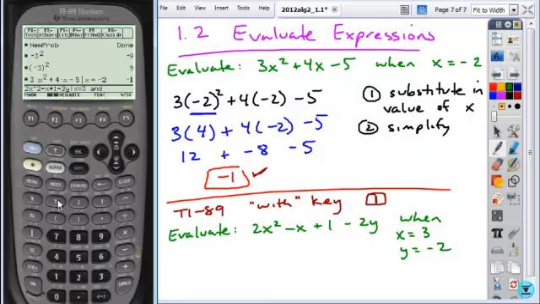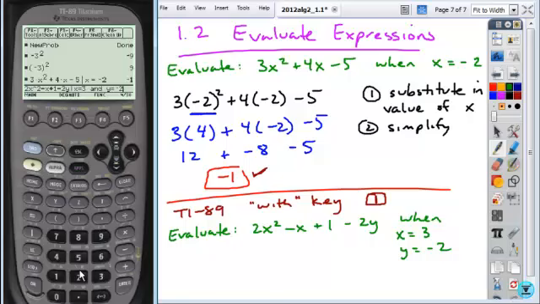The Y is already a key in itself, so I don't even need to be in alpha mode. If I am, it's still going to give me a Y, but I can deselect the alpha key, so now it's no longer locked in the alpha mode. And hit equals, plug in what the expression is going to be substituted, so a -2. So now once I hit enter here, it will evaluate this whole expression for me when x is 3 and y is -2.